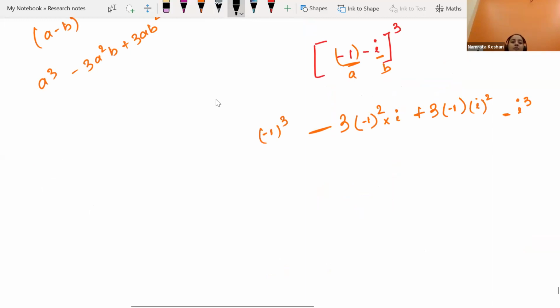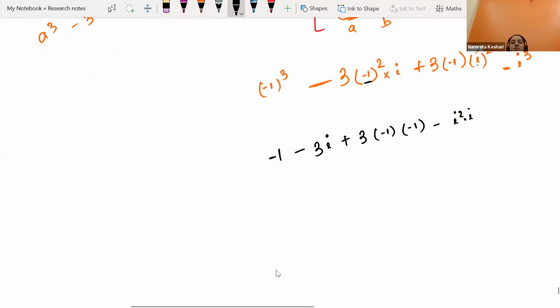So we are having minus 1 whole cube, that is just minus 1 because the power is odd. Minus this minus 1 square is just 1. So minus 3i we can write it. Here i square is there. We will be able to write it as 3 into minus 1 is minus 3. Let's write minus 1 as it is because i square is also minus 1. And i cube is i square into i, right?